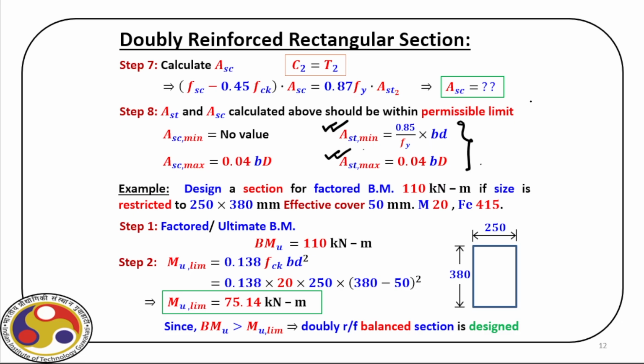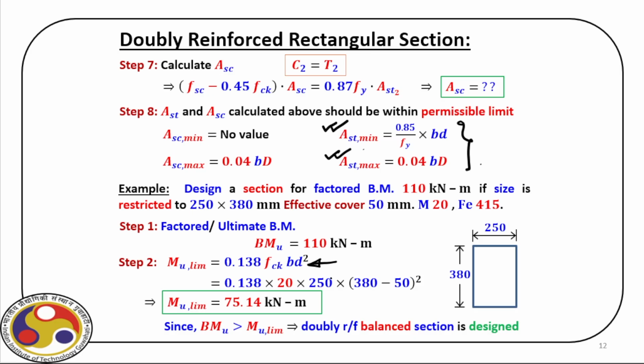The first step is the factored bending moment, which is given here. Sometimes it is not given; if not given, then we first have to figure out the factored bending moment. In this case, we have the factored bending moment as 110 kilonewton meter. Then we go to the next step. We find Mu limit, which is 0.18 fck b d square for the given materials.